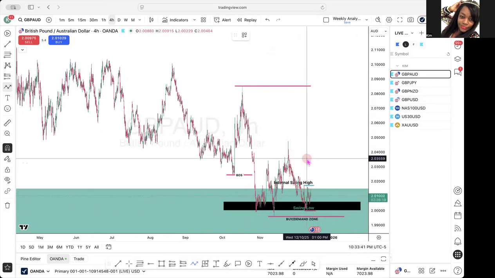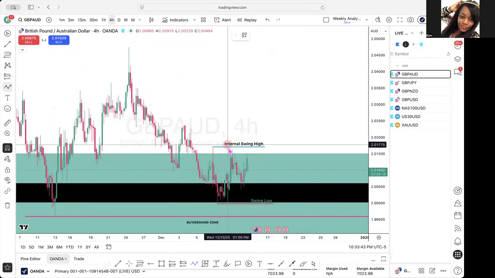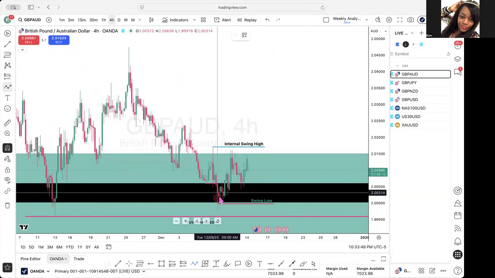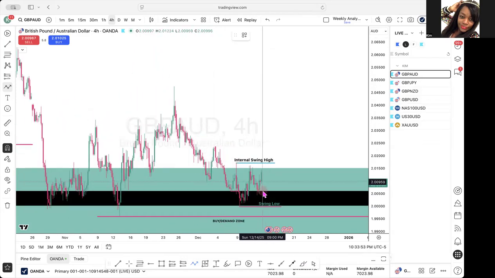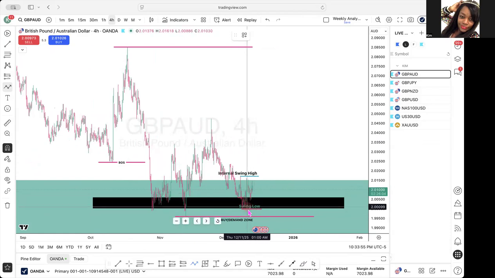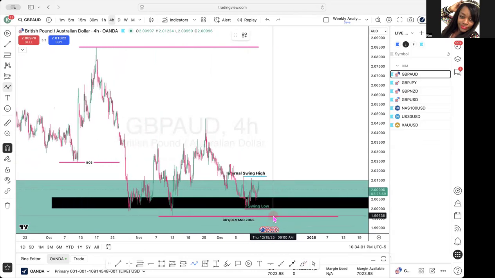So price could keep selling. It has not broken this high yet, closed above this high yet, and it has not closed below this low yet. So this internal low, this was the external low. Okay. So it hasn't closed below.